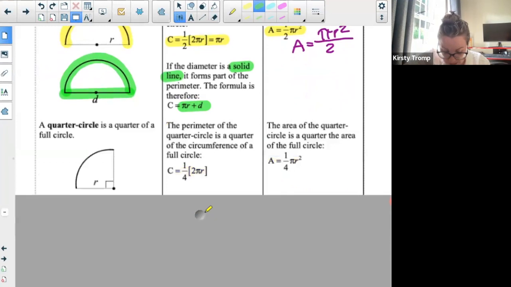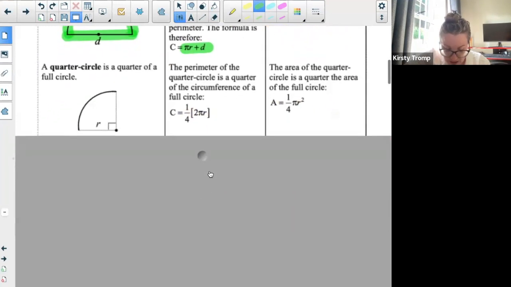What happens if you had to have a quarter circle? Well, in this case, for the first one, we're just looking at the dark line. So the perimeter of a quarter of a circle is a quarter of the circumference of the circle. The circumference equals 2 pi r, and we want a quarter of that.